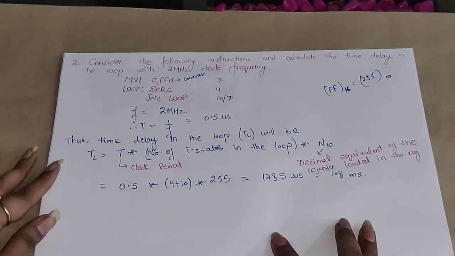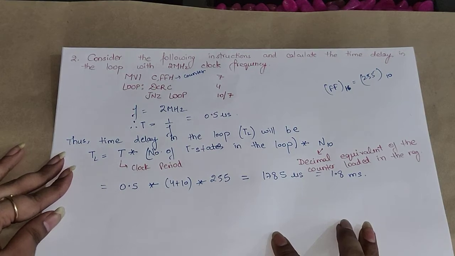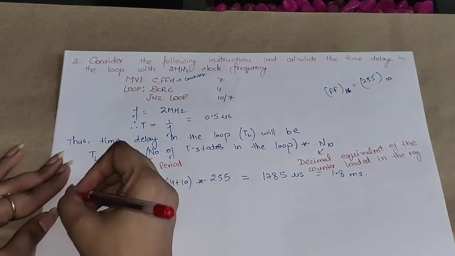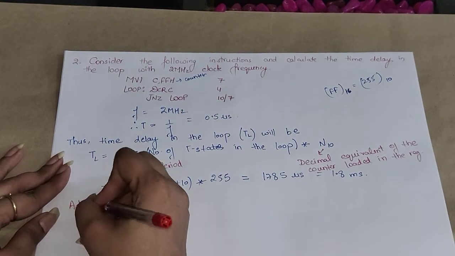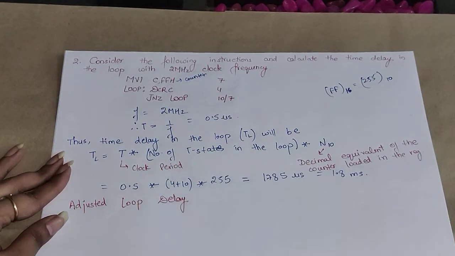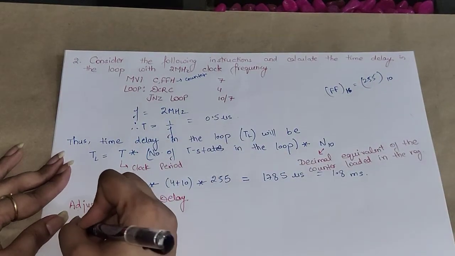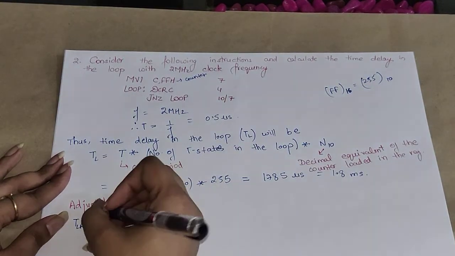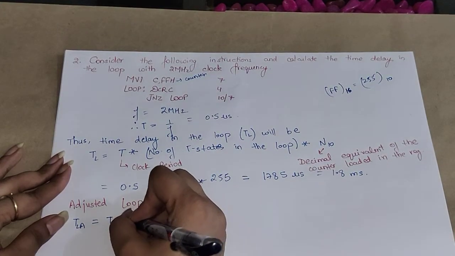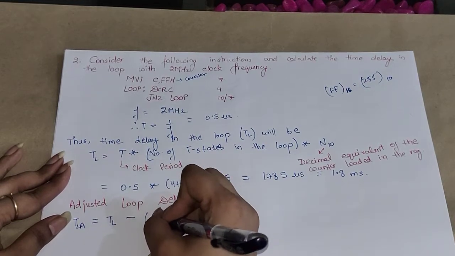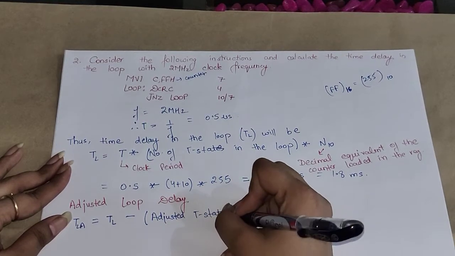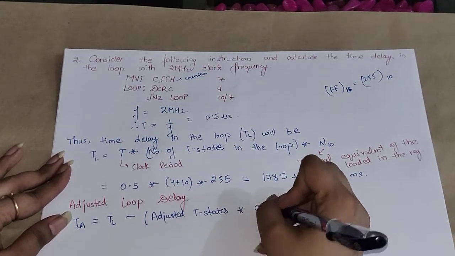Now, in the exam you may be asked what the adjusted loop delay is. I am telling you that also. Adjusted loop delay is equivalent to delay inside the loop minus adjusted T states multiplied by clock period.